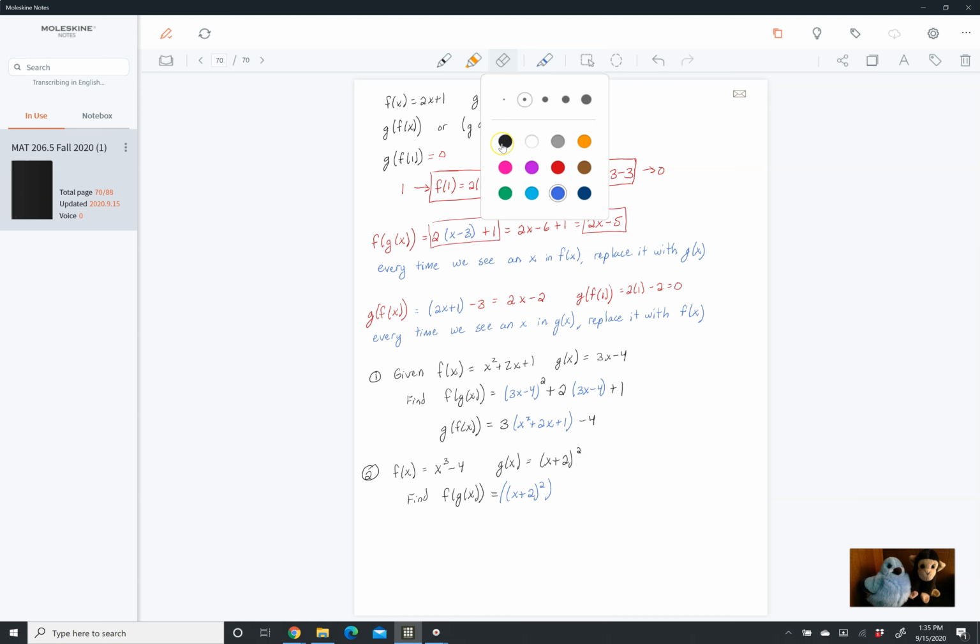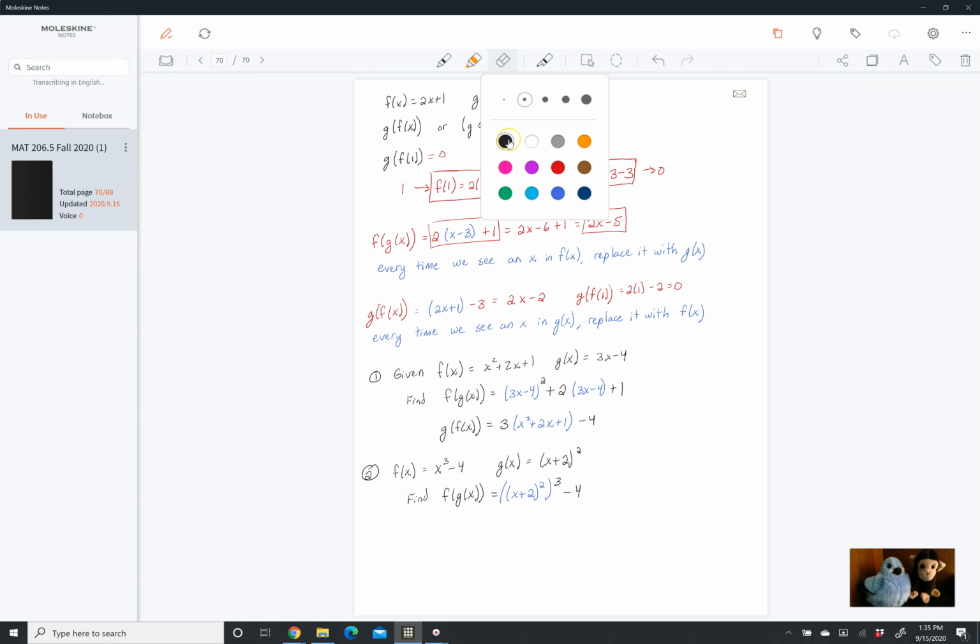Now that's cubed. And then minus 4. So it's messy here, but that's okay. Just remember there, you would put parentheses around your x plus 2 squared.